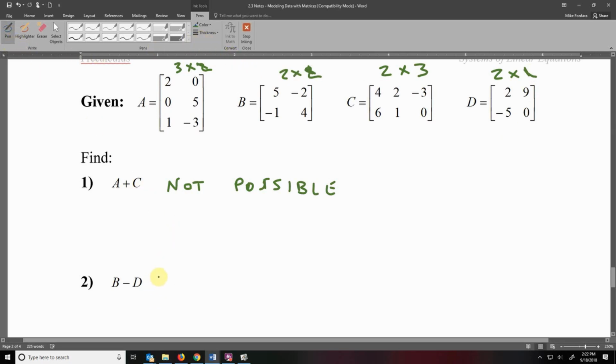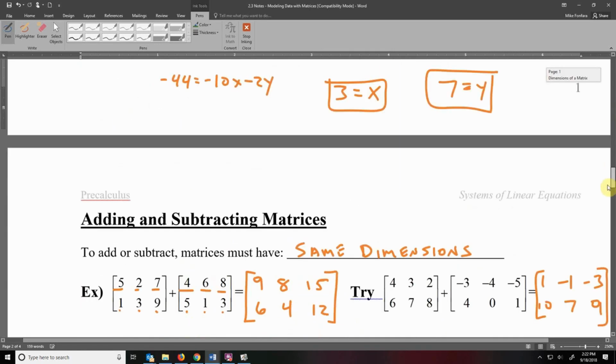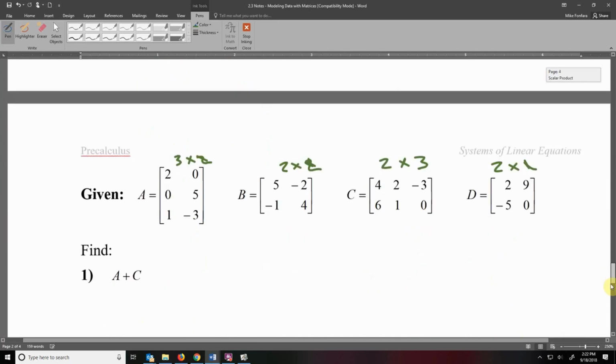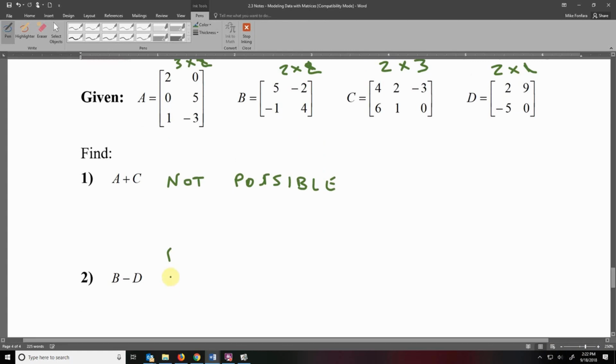So B minus D, we've got 5, negative 2, negative 1, 4, minus 2, 9, negative 5, 0.